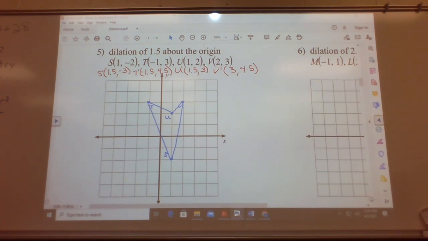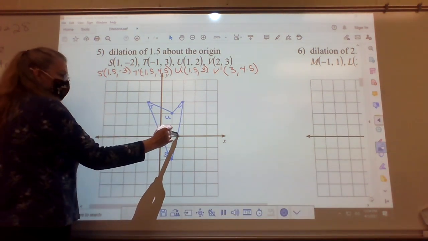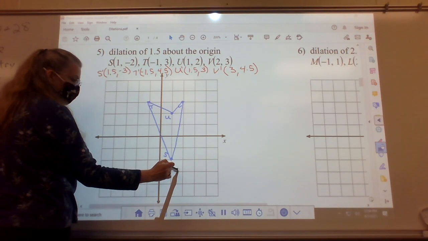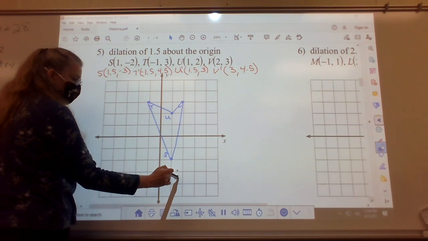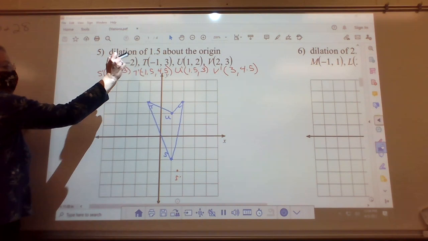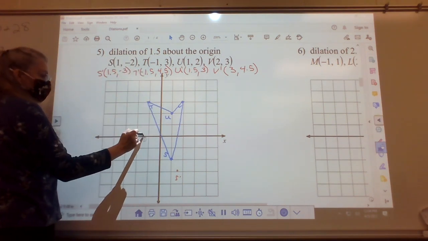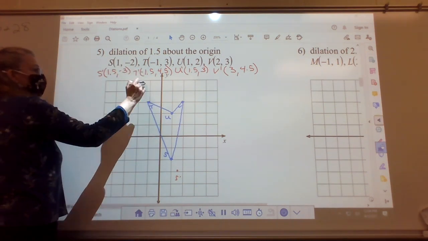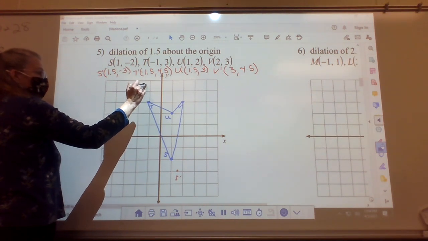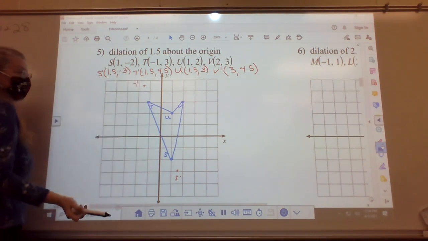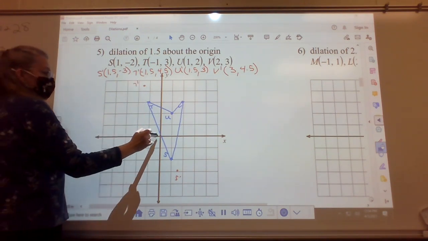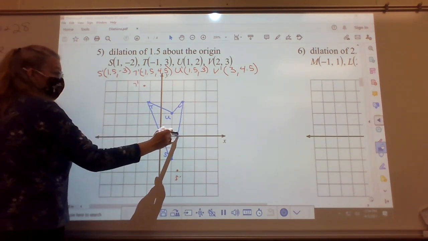Yeah. So now I'm going to go ahead and graph. So my new S is 1.5, 3. So there's my new S. My new T is negative 1.5, 4.5. So it's going to be here. So there's the T. U, 1.5, 3.